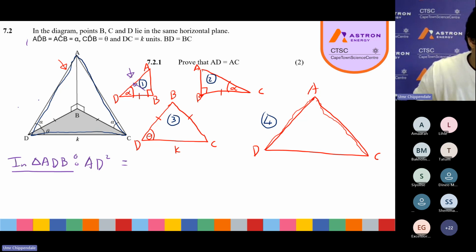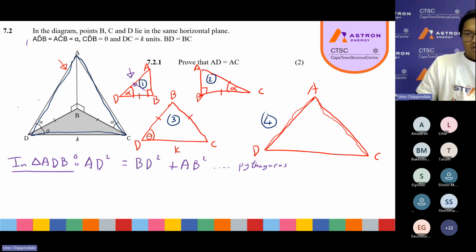So AD squared is equal to BD squared plus AB squared. And why is that? Pythagoras.